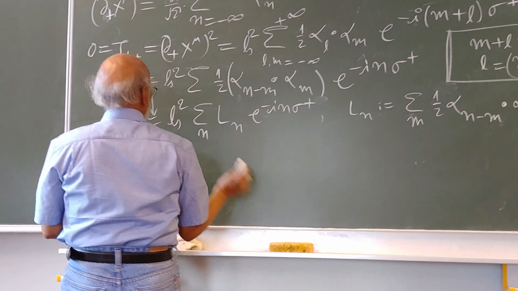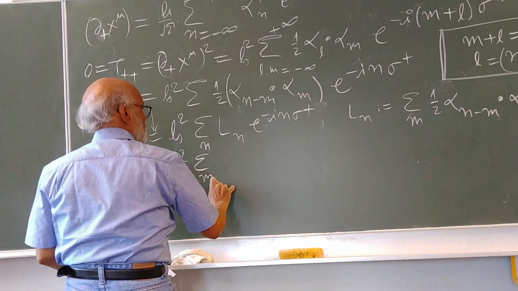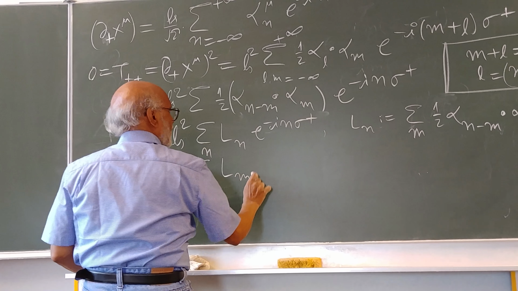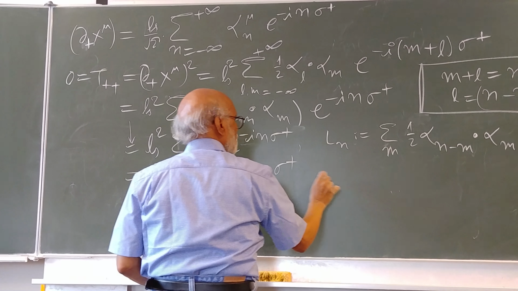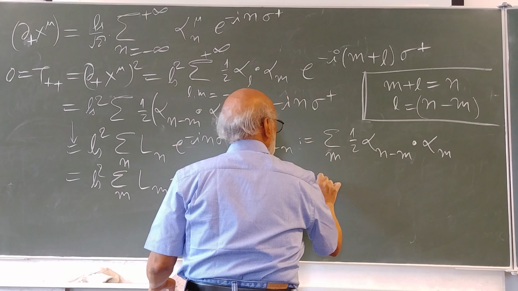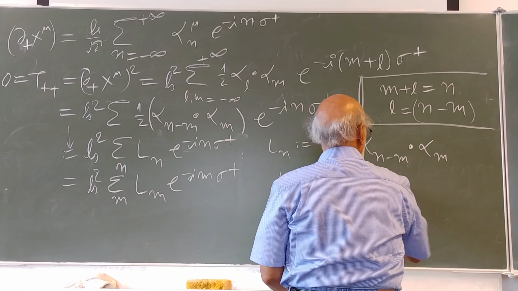I could equally write it as Ls square summation over m of L n e to the power minus in sigma plus where L n is summation over n.